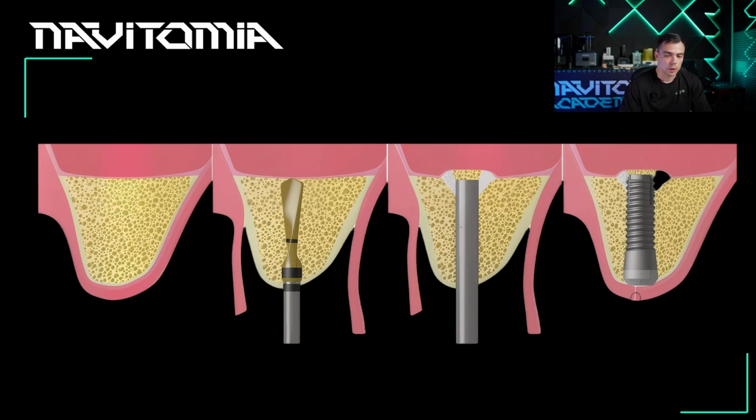But while doing closed sinus lifting and performing guide modeling, we have to take into account the border of the sinus, because our goal is to create a surgical guide in such a way that the drill is stopped nearby the border of the sinus, and never ever perforates it. We plan everything so that we stop the drill just nearby, usually about 1 millimeter away. So how is it done?